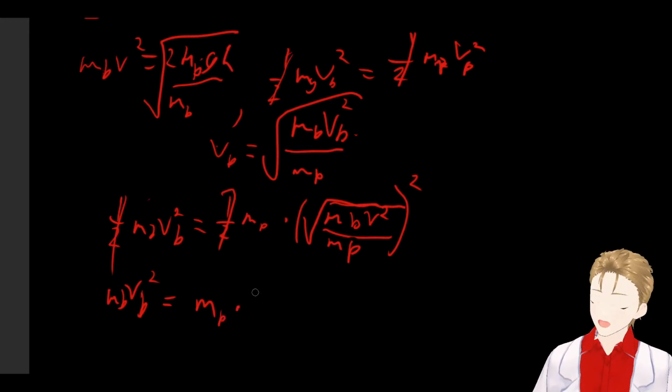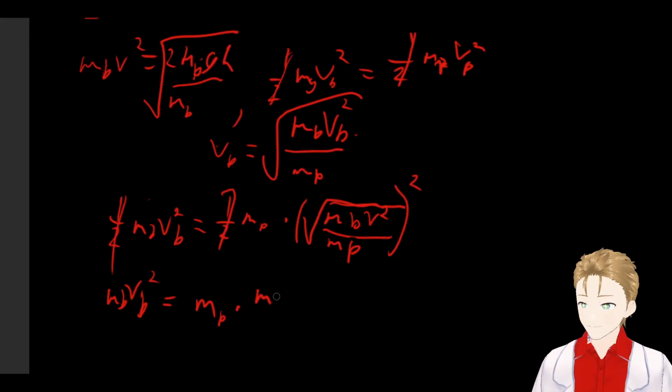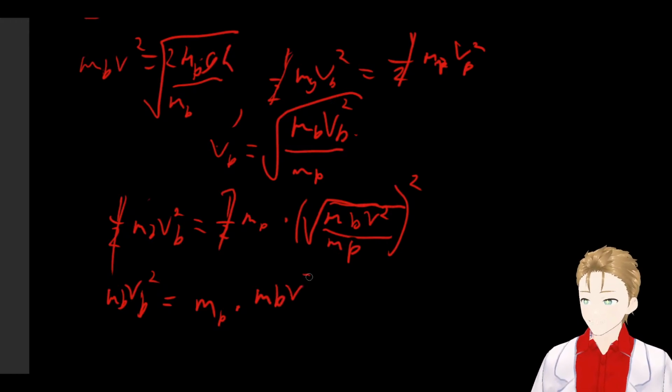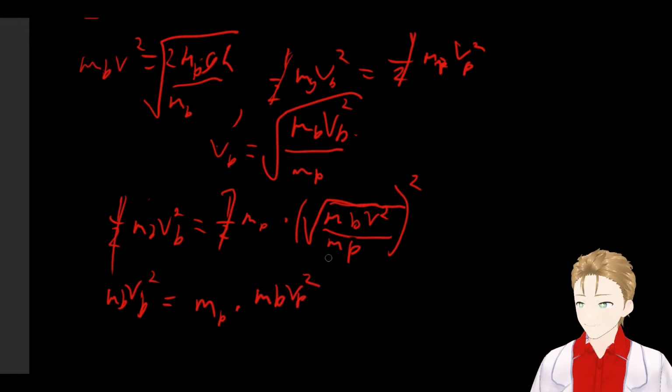The square root is cancelled, leaving v_b squared. Wait, this is P, by the way. No, this is B.